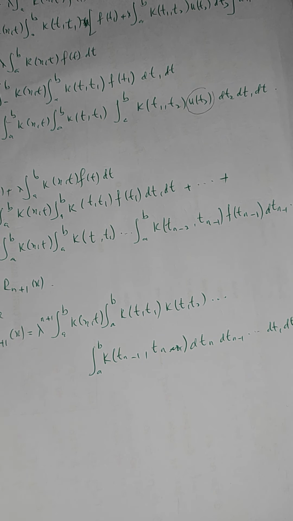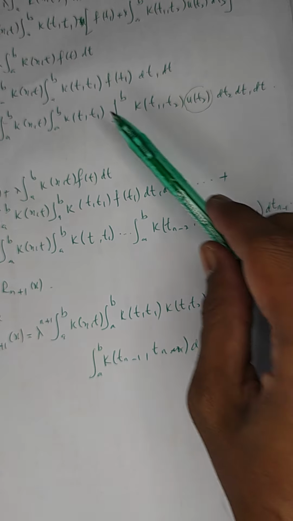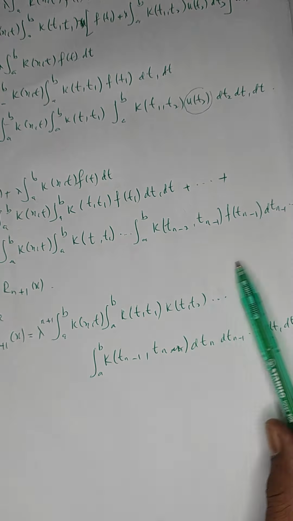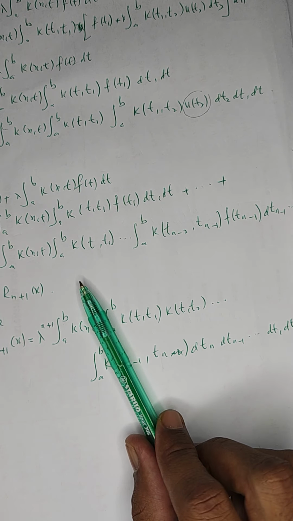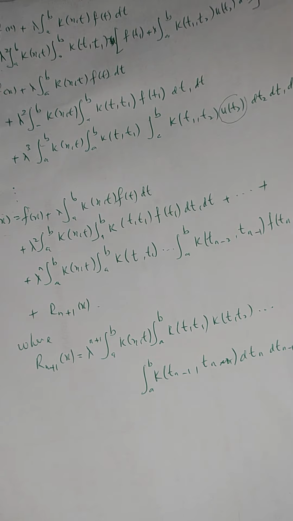Because if it does not converge, then the solution is void, it's meaningless. Therefore we need to show that the right-hand side of that solution converges. Now we consider the right-hand side of that equation there, u(t).